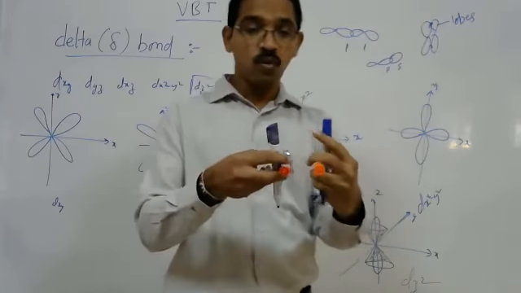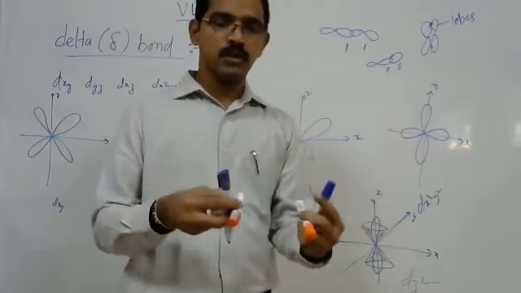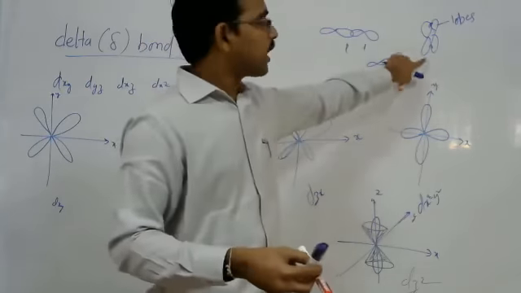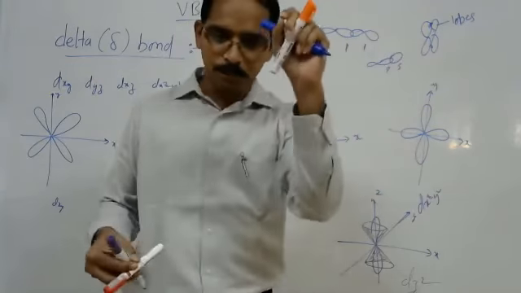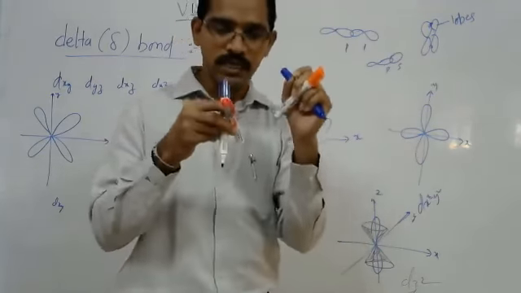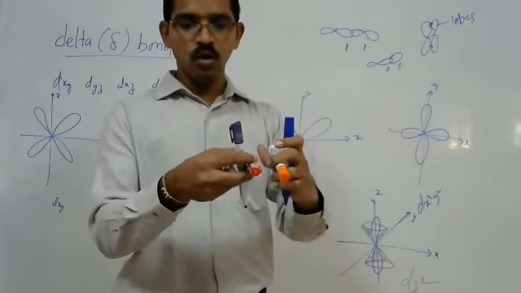Here 4 lobes, 100% it belongs to the D block. Delta is for d orbitals. Pi bond is 100% for p orbitals, delta is 100% for d orbitals. Okay, see, 4 lobes overlapping.